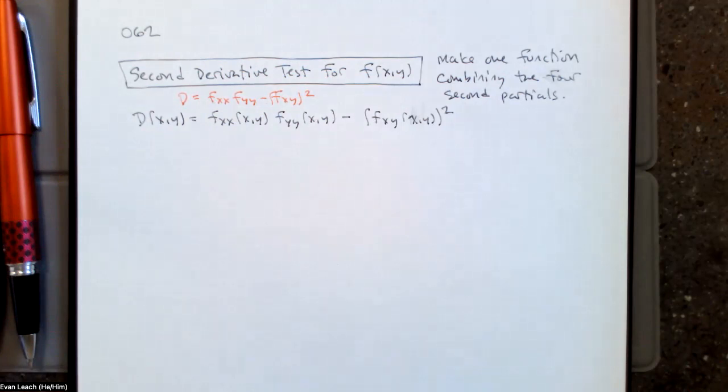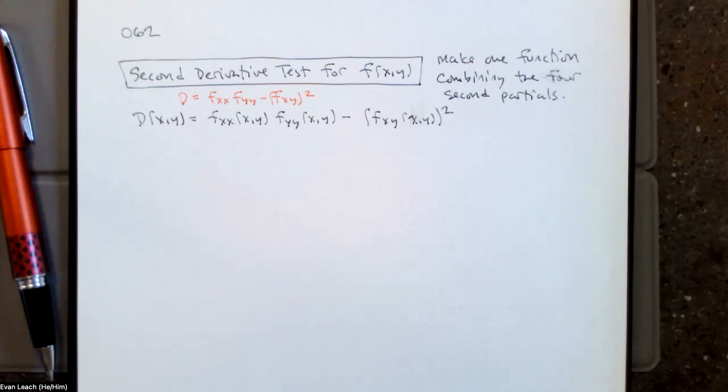We can get away with fxy getting squared because we're going to be doing this where functions are continuous, and then the mixed second partials will be equal. So I don't have to say fxy times fyx. I can just say fxy squared. Here's how the thinking goes.